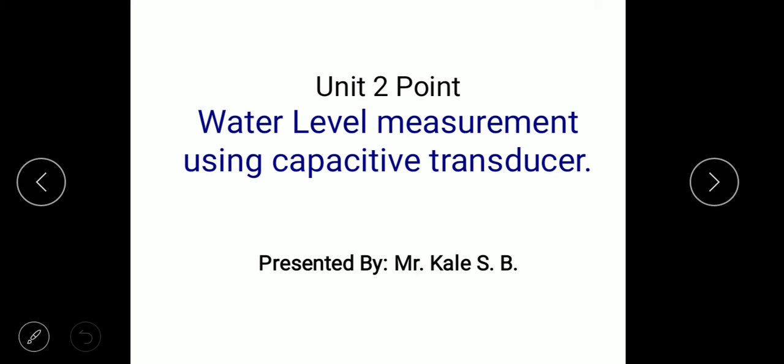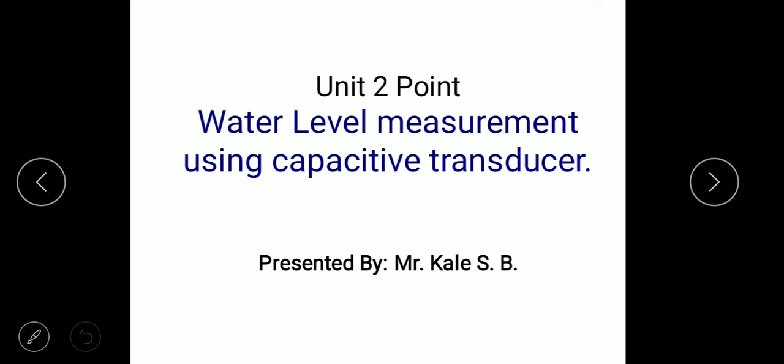It means the distance d between these two plates will not change, and the area of the plates will also not change, so the area of both plates will be the same, and that plate we can also call a probe. So how can that device measure the water level, we will see in detail.